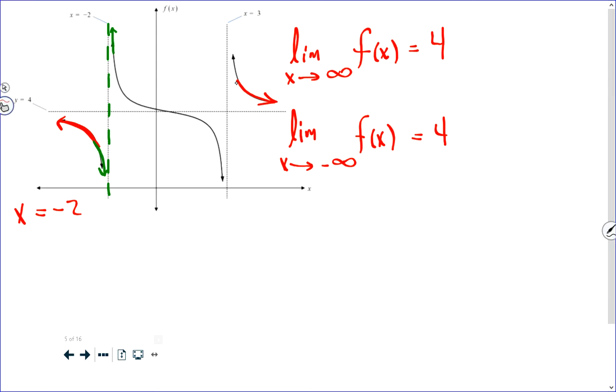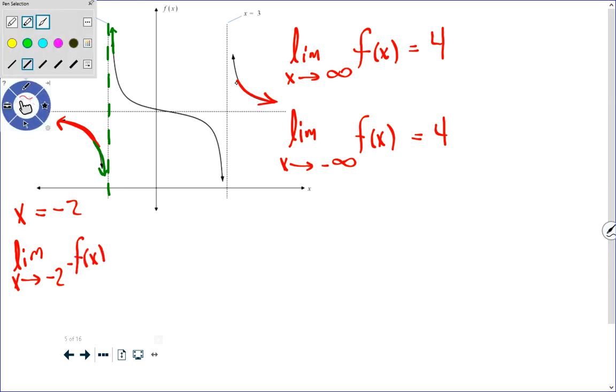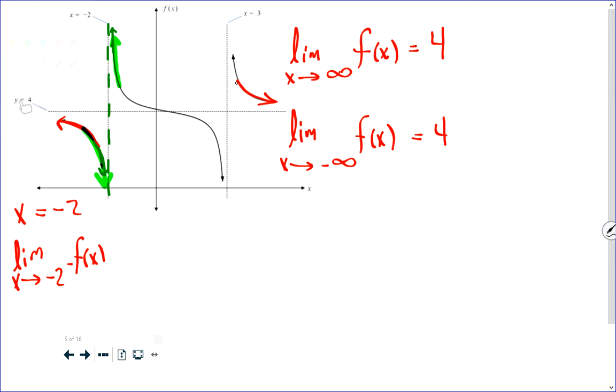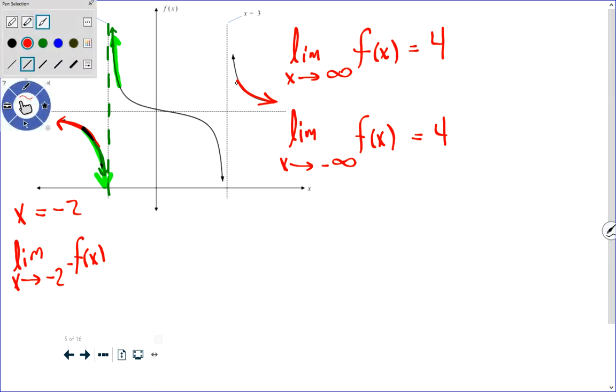So for example, if I take a look at the limit as x approaches -2 from the left of the function, well, on the left-hand side, the graph is moving down. On the right-hand side, the graph is moving up. So as we approach -2 from the left, the function will approach negative infinity.